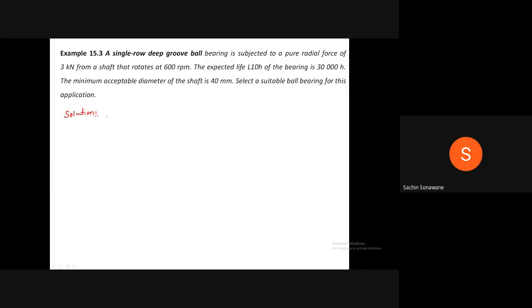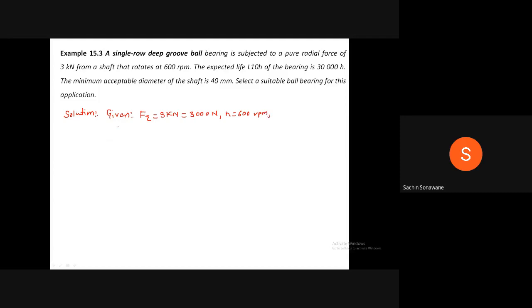Now the given quantities. Radial force Fr is equal to 3 kilonewton, which is equal to 3000 Newton. RPM N is equal to 600 RPM.